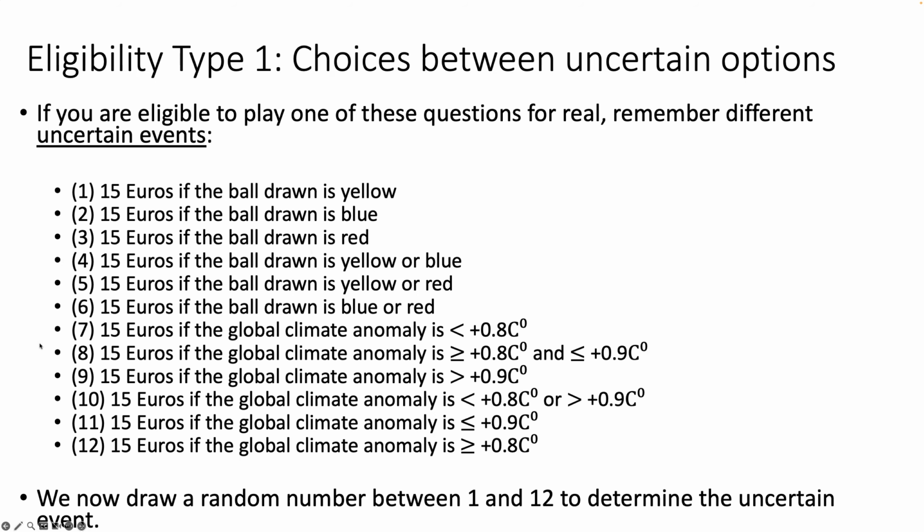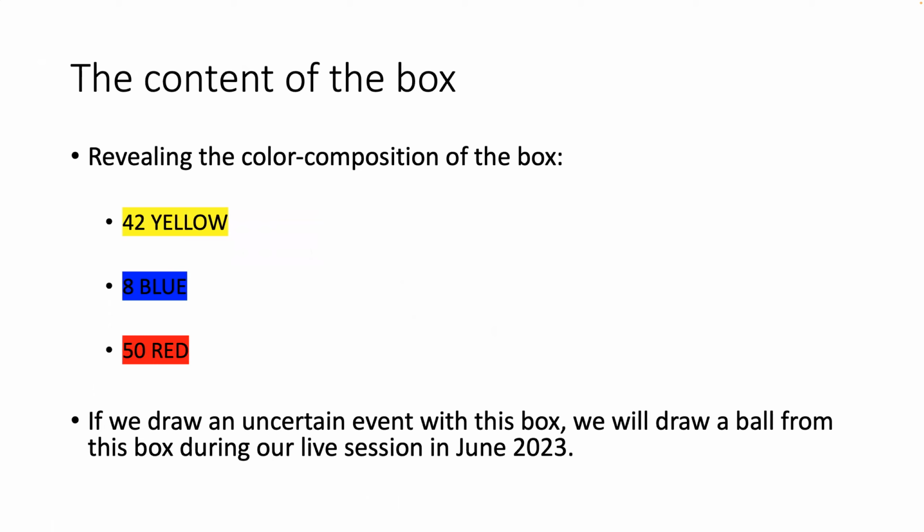You didn't know the color composition during the study, but it was predetermined, and we are revealing it to you now. So the color composition of the box is in fact 42 yellow, 8 blue, and 50 red balls.